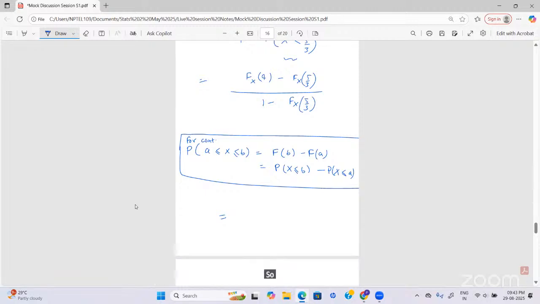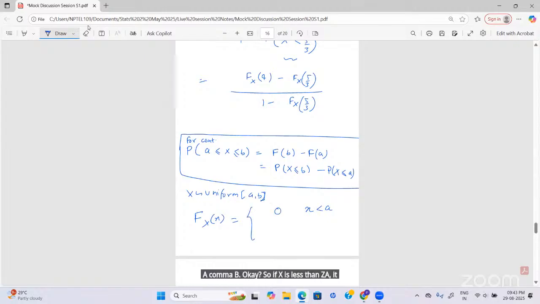I will write the formula here. This is the CDF. If X follows Uniform(A, B), then if X is less than A, it will be 0. If it is between A and B, the formula is (X minus A) divided by (B minus A).